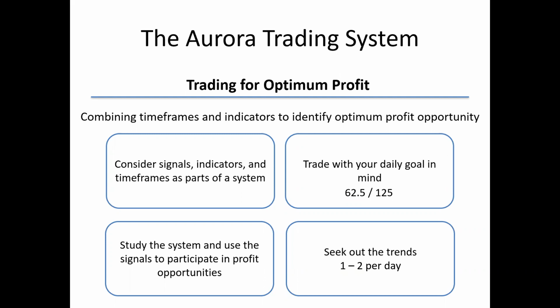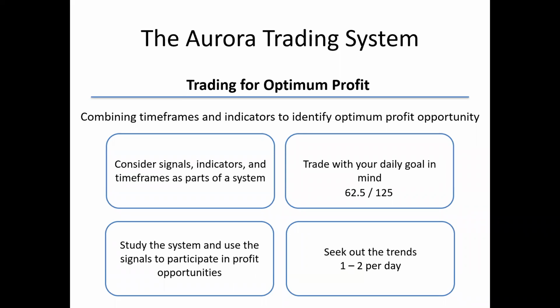See these numbers that I have here, 62.5 and 125. We are in our proprietary trading team now trading NQ, and we are trading oil, CL. 62.5 points on NQ and 125 ticks on oil represents an opportunity that we are pursuing here over the next several weeks.